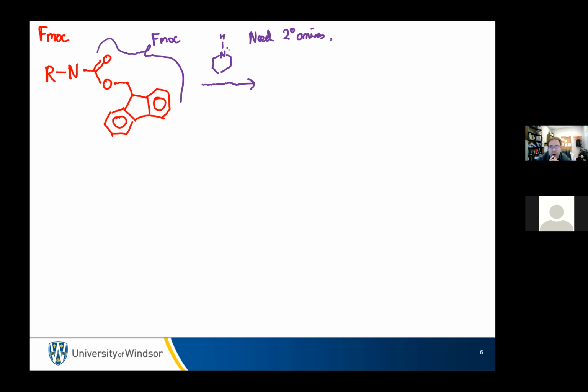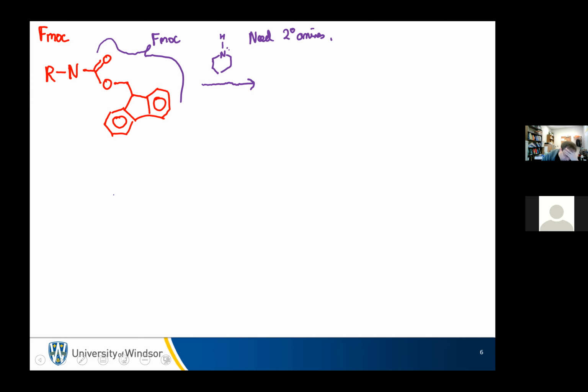Strong bases like sodium hydride, it's immune. You need a secondary amine. And so what that tells me is the mechanism I'm going to show you is not right, but it's the one we use because there's no reason why some of those other ones won't work. But they don't. But no one knows what the possible other mechanism could be for this.